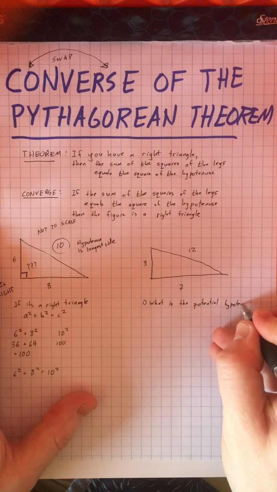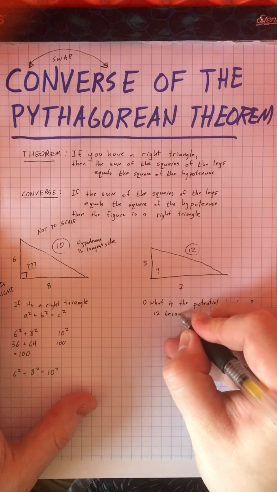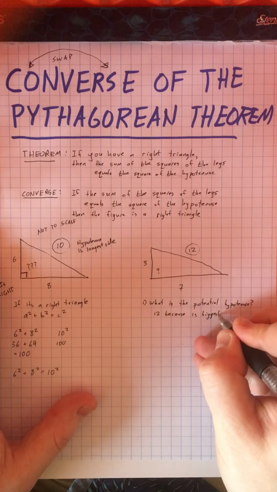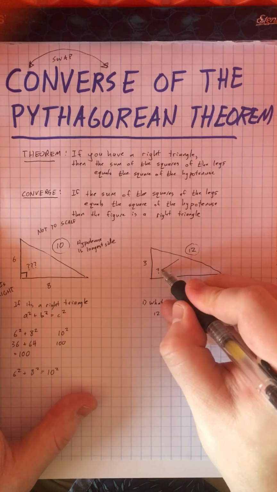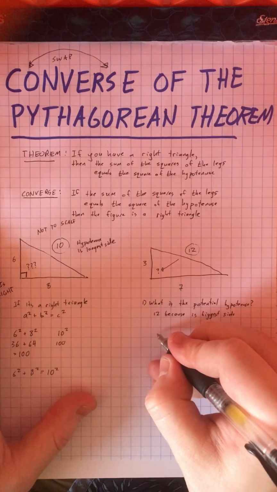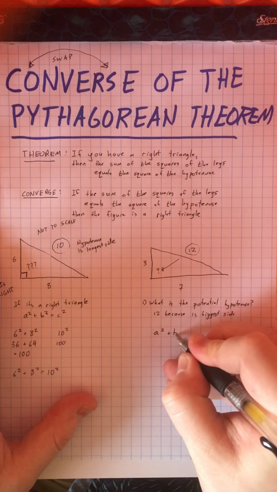To see, is this a right angle? 12 would have to be the hypotenuse because it's the biggest side. And in a triangle, the biggest side has to be opposite the biggest angle. So if 12 is my hypotenuse, I know that in order to be a right triangle, it'd have to satisfy the Pythagorean theorem.